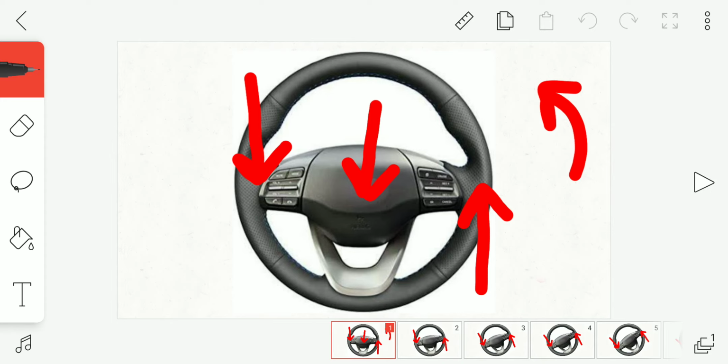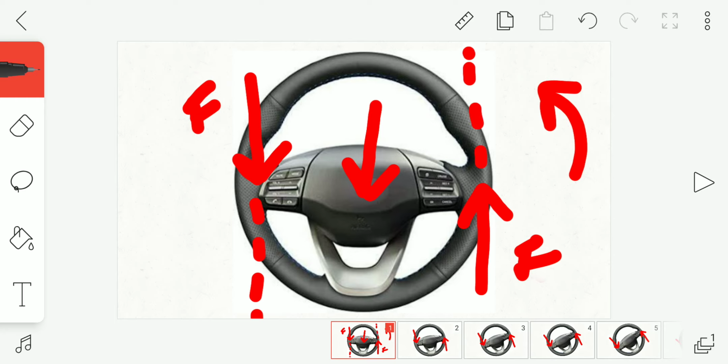You can see in the picture, this force is called F and this force is called F. Both have the same magnitude, both are in opposite directions, and both are parallel forces. The first force has its line of action, and in the same way the second force also has its line of action, which are not collinear.